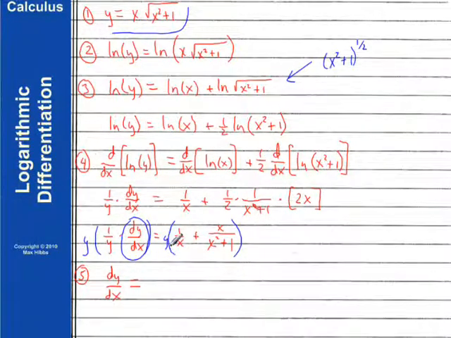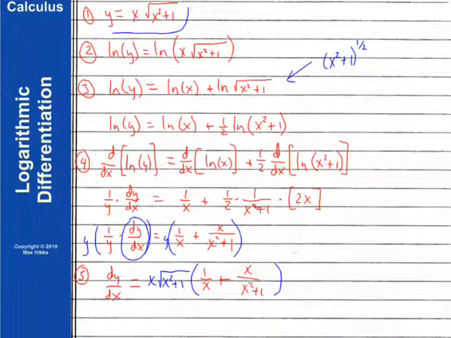So in this spot for y, we're going to write x times the square root of x squared plus 1. All I've done is replace my y value, and so that's times 1 over x in here plus x times x over x squared plus 1.